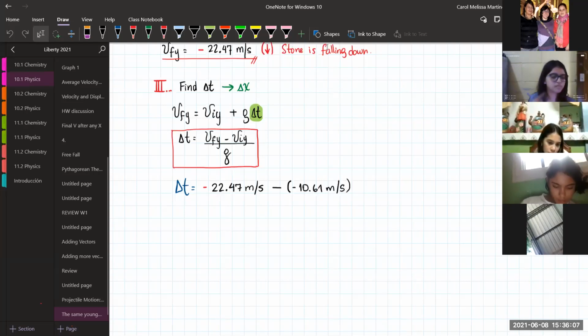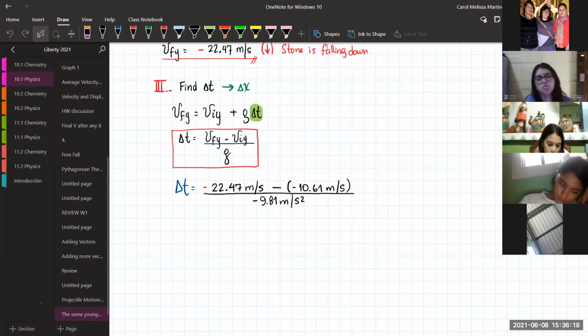All this divided by the gravity, that is negative 9.81 meters over second to the second power. Now, remember this, negative and negative makes a positive.